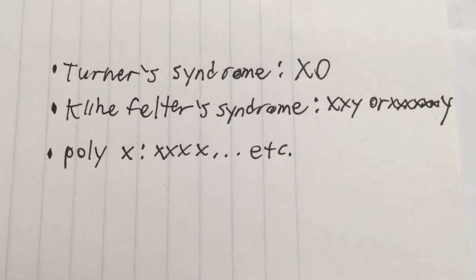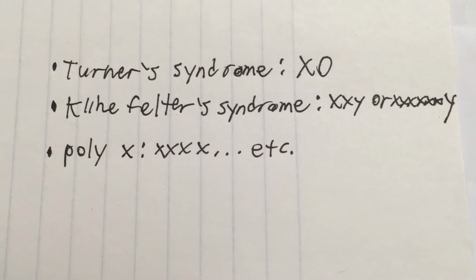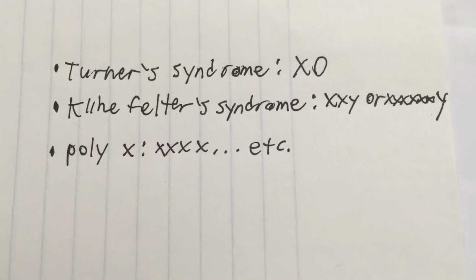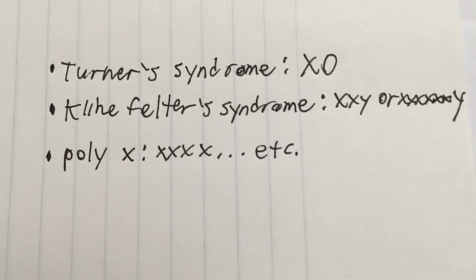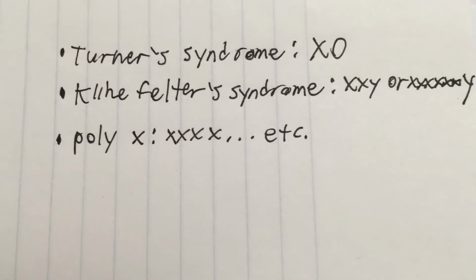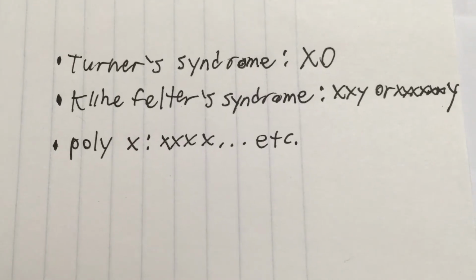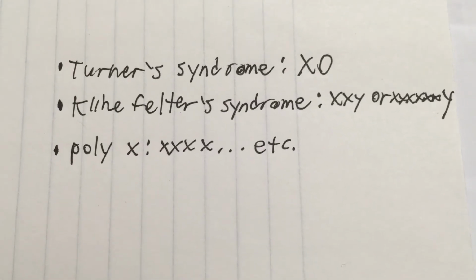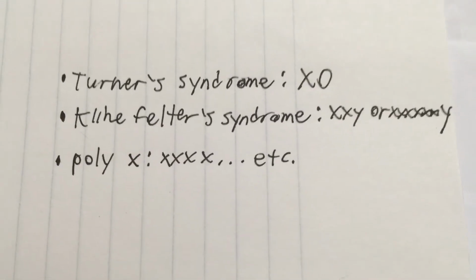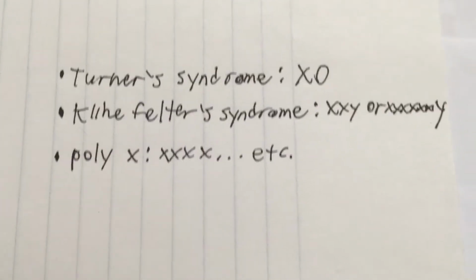The second is Klinefelter syndrome, where you have essentially multiple X's and one Y. And here you would still develop male phenotypes, so this one is still a boy. And the third one is poly-X syndrome, where you can put as many X's as you want. Usually it's a trisomy X, so the most frequent case is 3 X's, and it accounts for 1 in 1,000 female births.